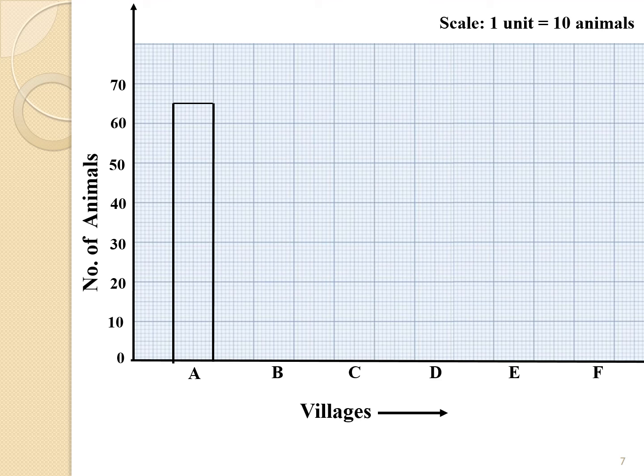Now, let us draw the vertical bar for village B. In village B, there are 40 animals. So, let us draw the vertical bar touching the mark 40.